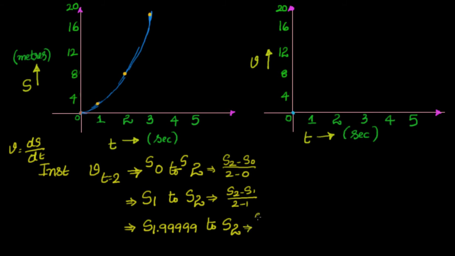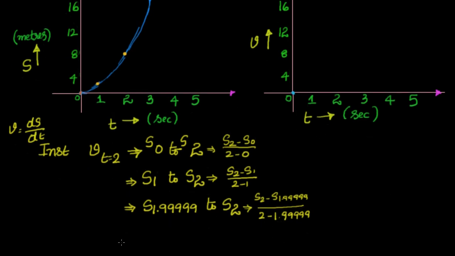Here it is s2 minus s of 1.9999, whatever we have taken, divided by 2 minus 1.9999. So you can see what we are trying to say here. You can also do another thing actually, you can take between 2 and 2.0001. That is also another option you have.